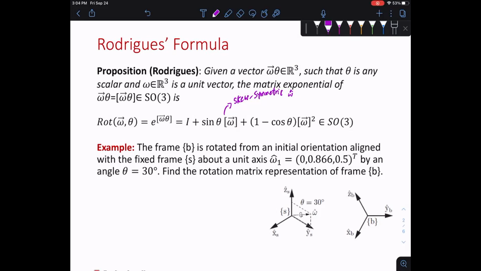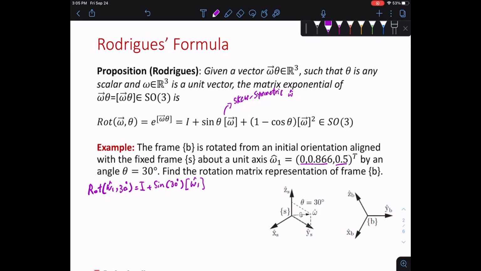So let's do that. Our rotation will be rotation of omega 1 and 30 degrees. I can write it as I plus sine of 30 degrees times the skew symmetric of omega 1. So I have 3 components, 0, 0.866, and 0.5.